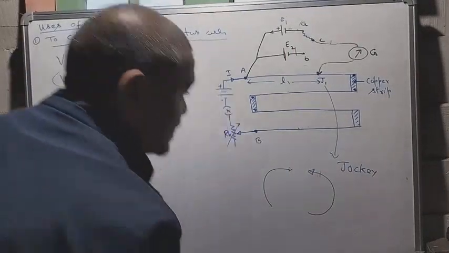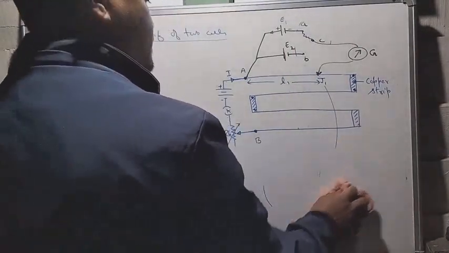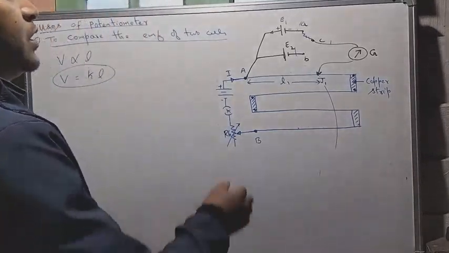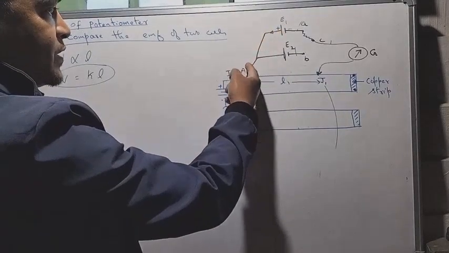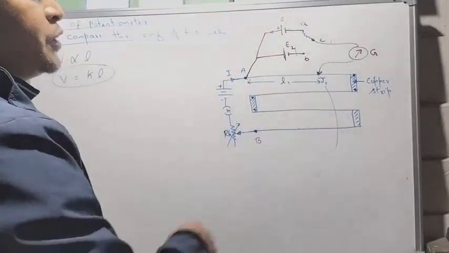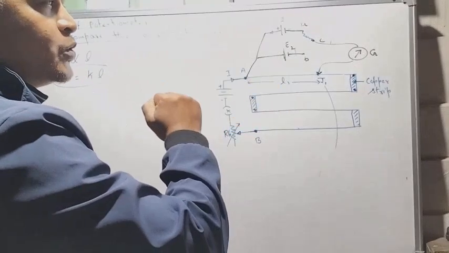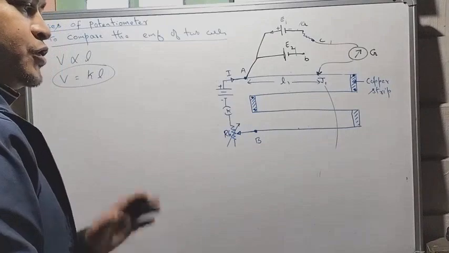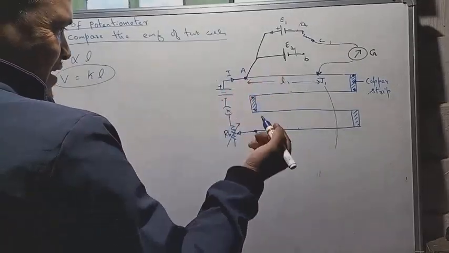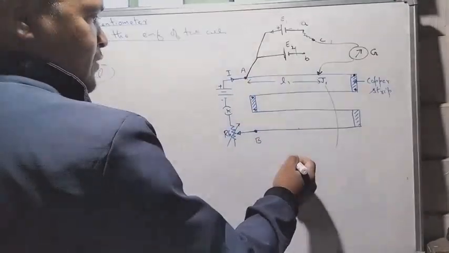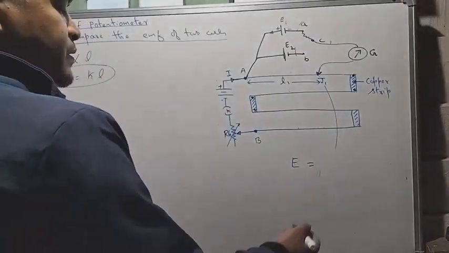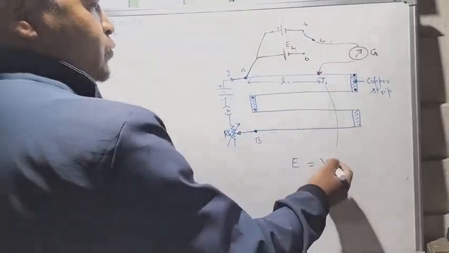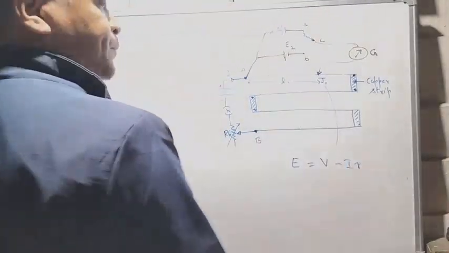It means that at the 0 position, the current I, which is sent by the battery, and the current which is produced by the cell E1 are equal. So there is no net current passing through the potentiometer. In that case, if you remember from my previous lecture videos, we have E equals V minus Ir.